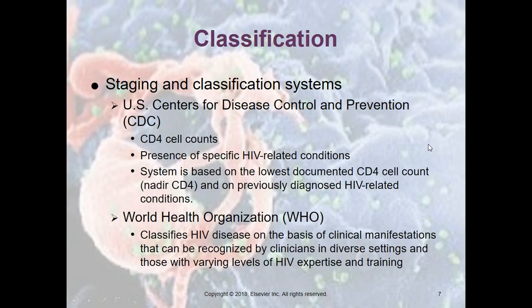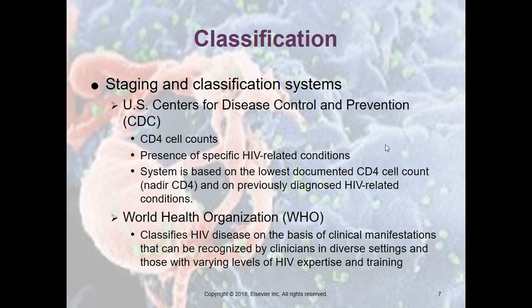So the classification, this is the more concise chart of the classification. The staging and classification system is developed by the CDC, and it determines the CD4 cell counts and the presence of specific HIV-related conditions.